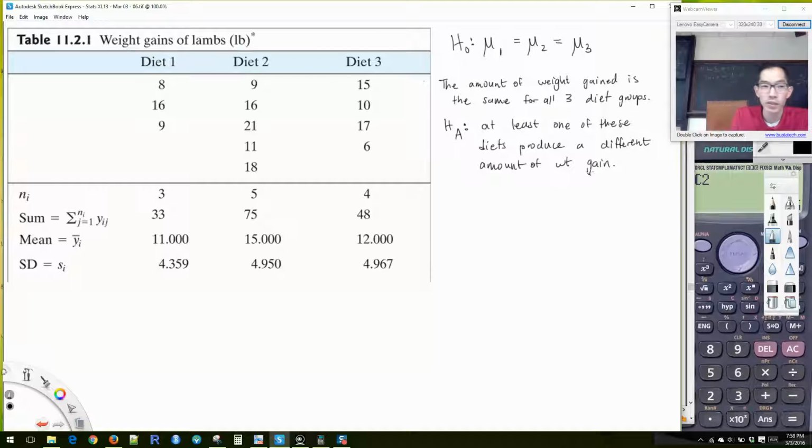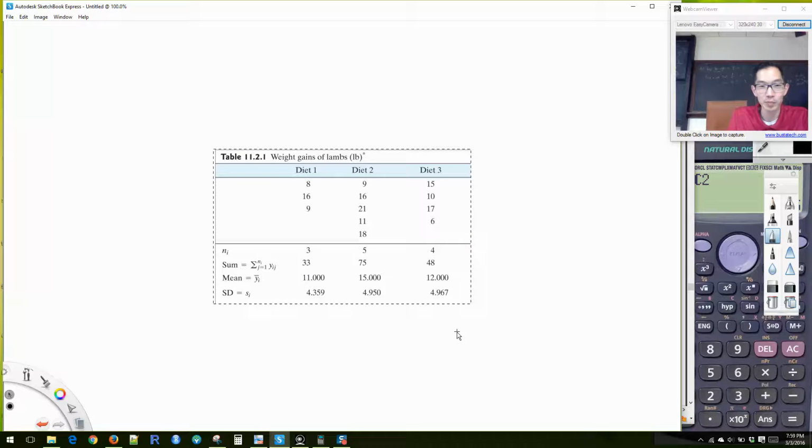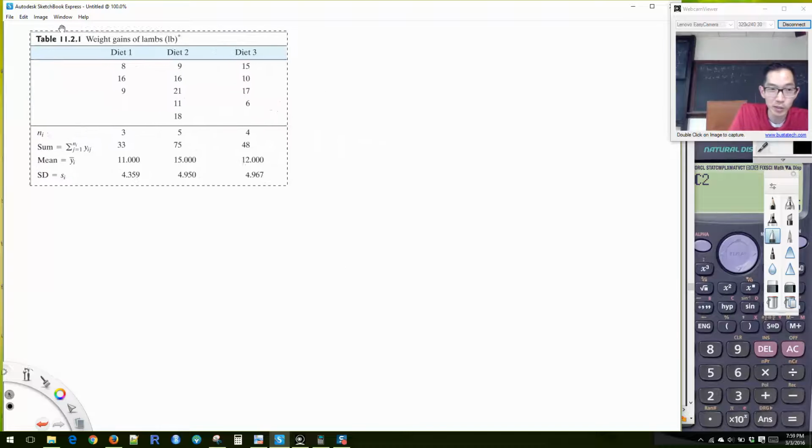You don't have to write all of these summary statistics. They're there, but you don't have to write them. I'm going to flip to the next slide, and I'll put this table there, just a little bit smaller.